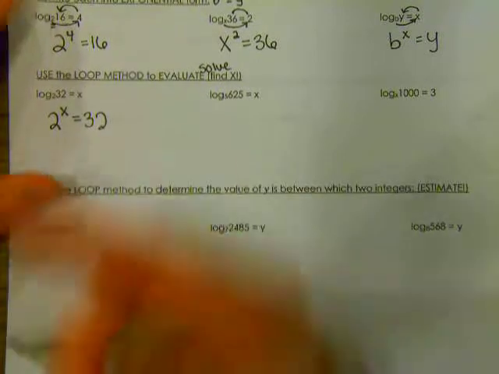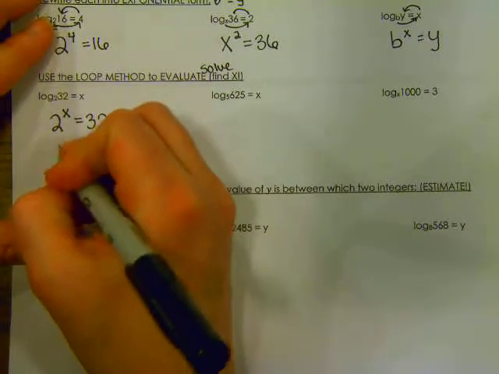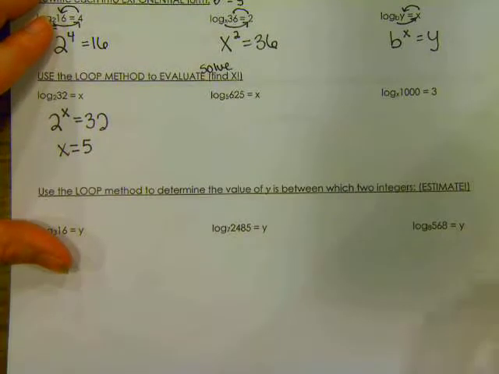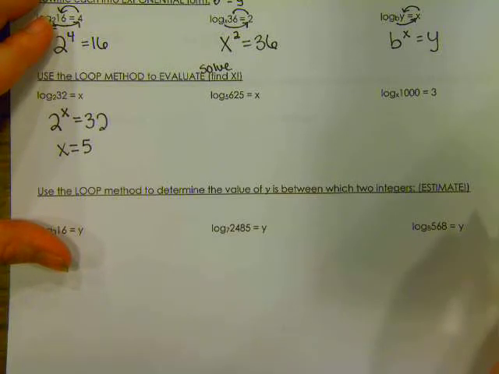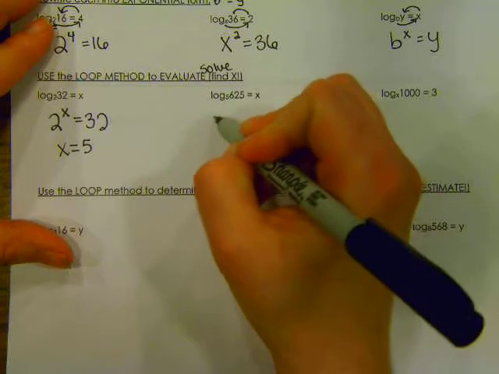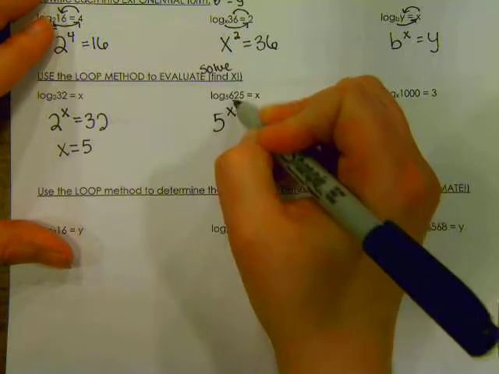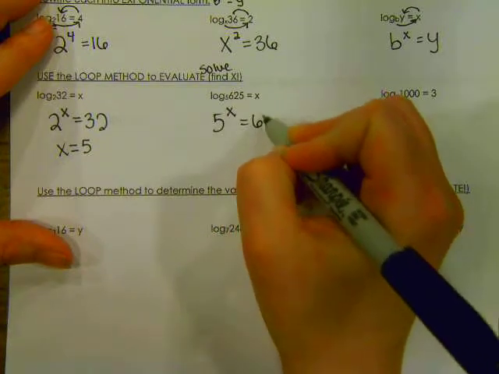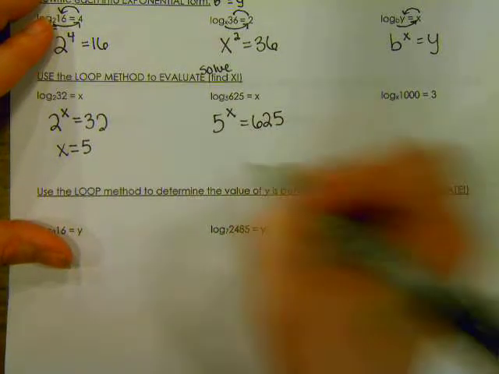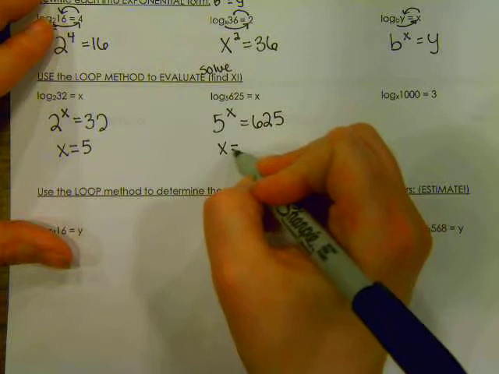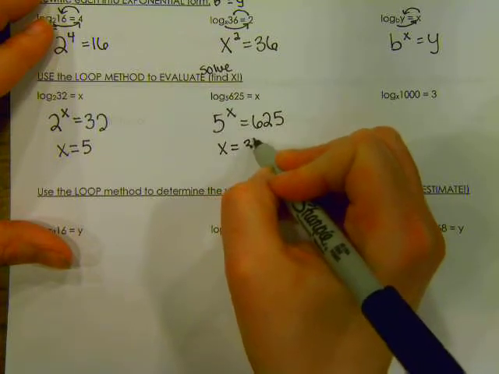We can actually solve this. X would have to be 5, which is on your powers chart. Okay. Same concept here. Base is 5. So 5 to what power makes 625? So then that would have to be, what is that, 5.